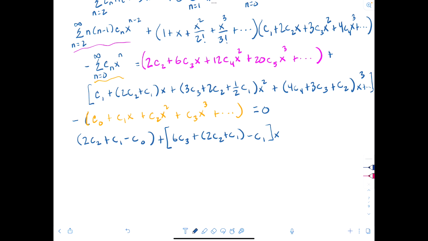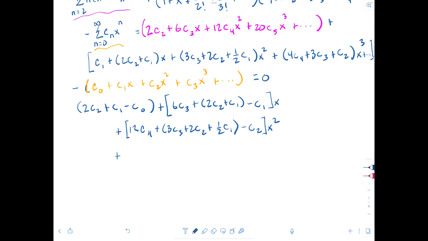We will have plus, I think they're going to get bigger, so I'll go here, 12c4, and then plus 3c3 plus 2c2 plus 1/2 c1, and then minus c2. All of that is times x squared.